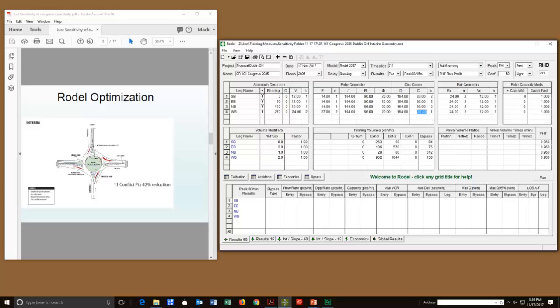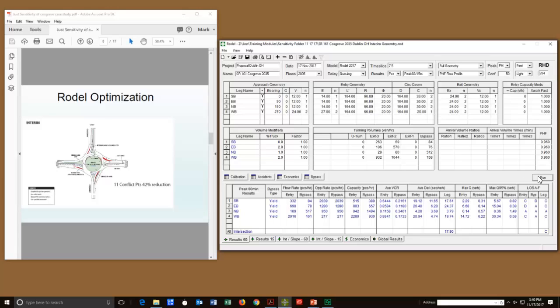The traffic is the same. We're looking at the same horizon hour and truck percentage, and in this case we've not adjusted the traffic factor at all. But as we hit run, with this reduced laneage geometry, we look at our level of service, our VC ratios, our delays and our queuing, and we can see that we're still getting acceptable levels of service for long range flows, with D being the worst, which is that eastbound approach as a single lane entry with the yield right turn lane.